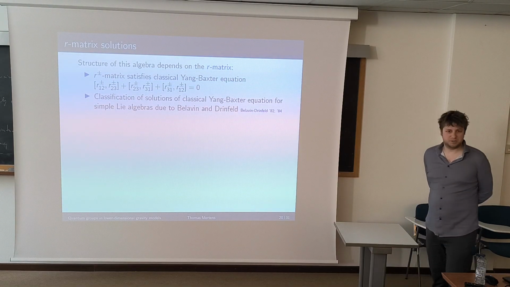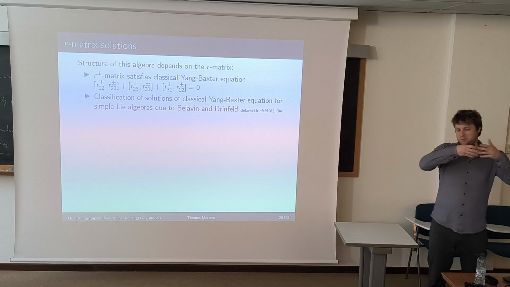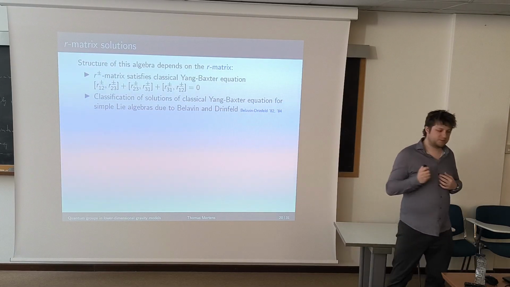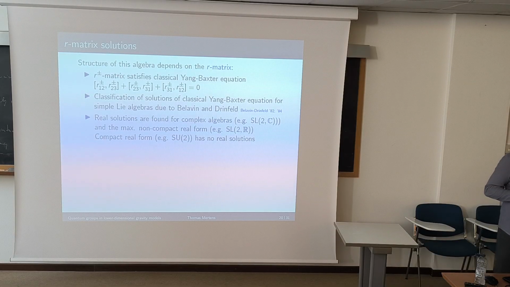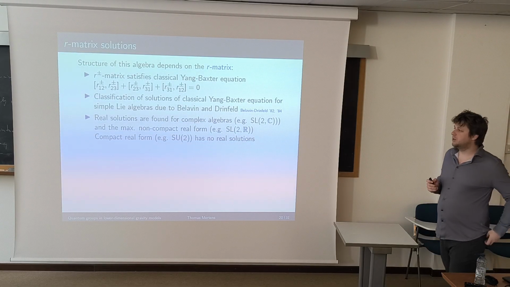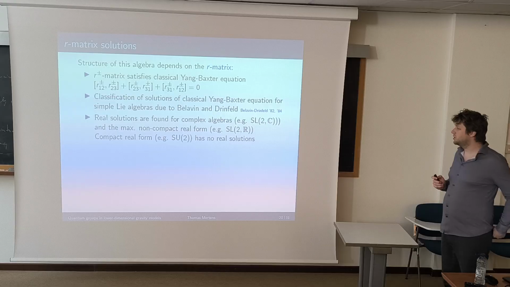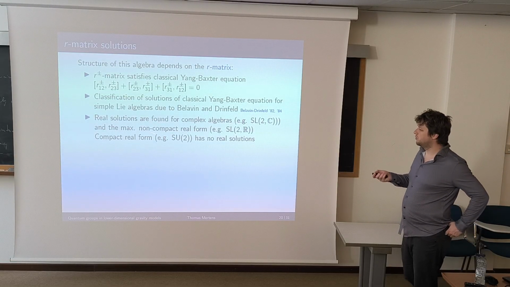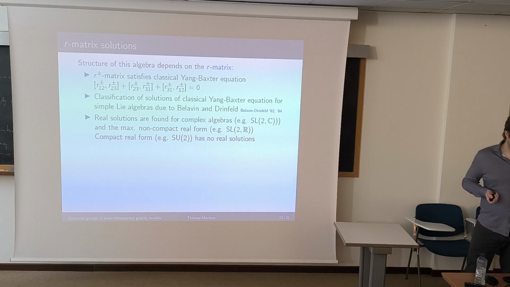So it's not that there's an infinity of possibilities here. There's a classification of possible R matrices. And in particular, you can find real solutions for complex algebras such as SL2C and the maximally non-compact real form like SL2R. But for instance, SU2, the compact real form, doesn't have real solutions.